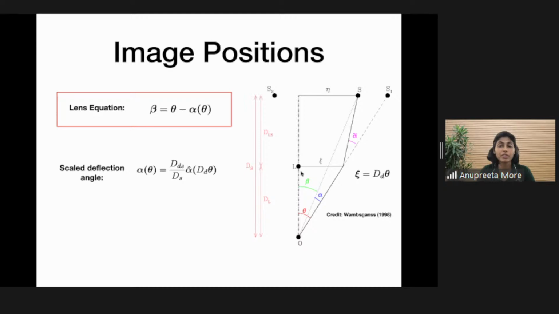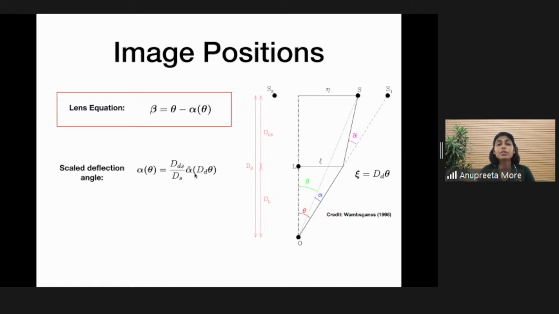But because of the presence of the lens, this light ray coming from this source is deflected, and it appears to be coming from the position S1, which is given by the angle theta. So this is the image position angle theta. And so this lens equation basically allows us to relate these angular image positions, the true source position with the image position, with the help of this angle alpha, which is called the scaled deflection angle.